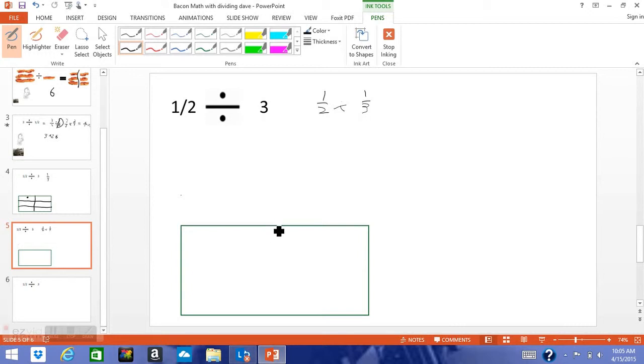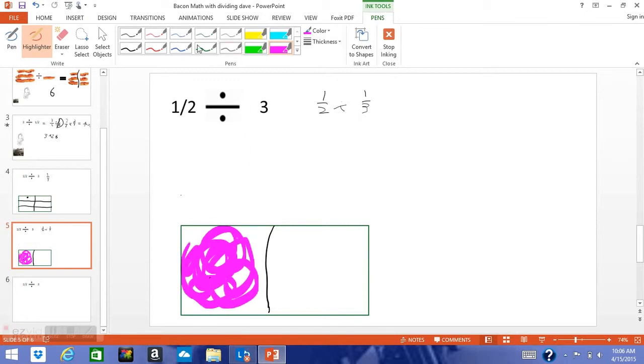Now this is the multiplication way. So you cut into half, and then you shade in 1/2. And then you cut into thirds, and shade in 1/3.